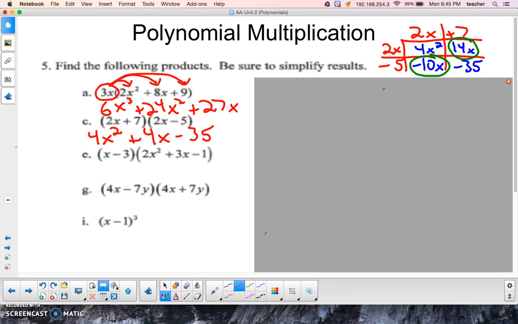And x to the third means x times x times x. So x minus 1 quantity to the power of 3 means x minus 1 times another x minus 1 times another x minus 1. When you multiply these, you have to do 2 at a time. So you're going to do the first 2, get an answer, and then multiply it to the third quantity, again using the box or arrows.